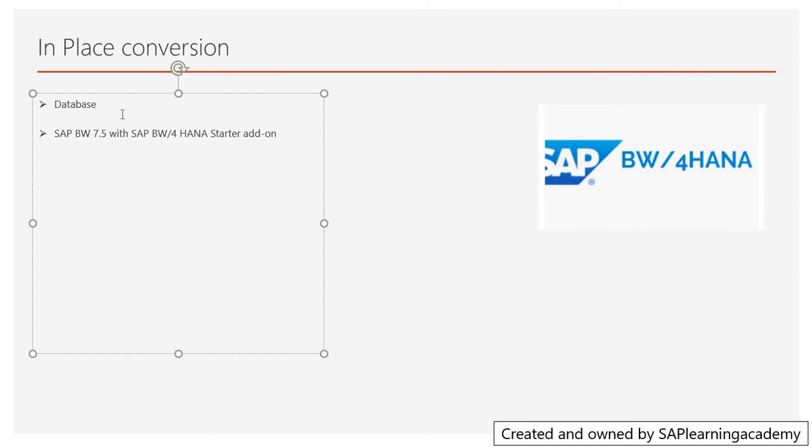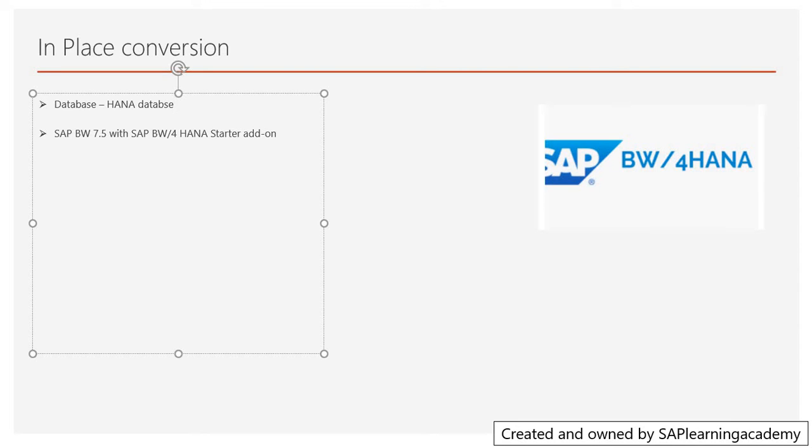First of all, when you are doing the in-place conversion, in this method your database has to be the HANA database. If it is not a HANA database, then you need to migrate or upgrade to the HANA database so that it can be compatible with BW4HANA.